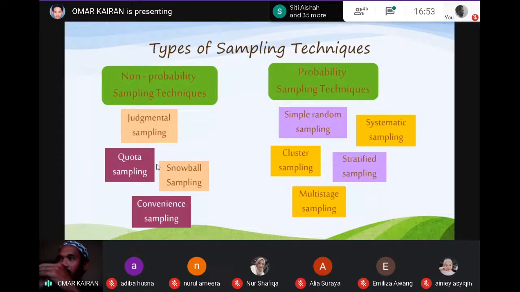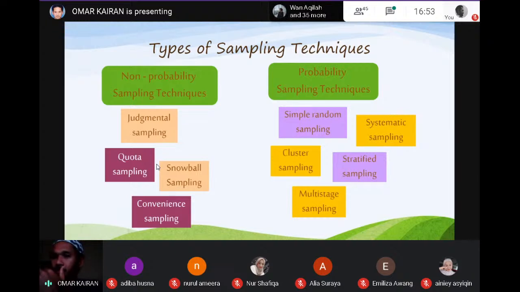You can calculate the probability. So how do we make sure the whole population has equal chances?